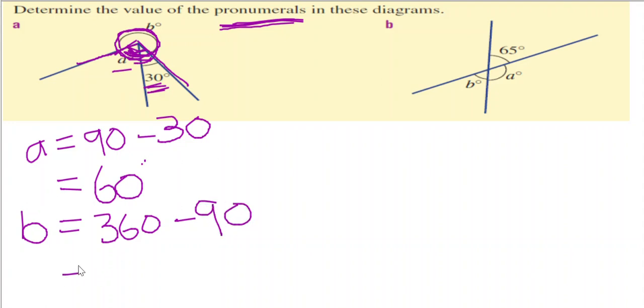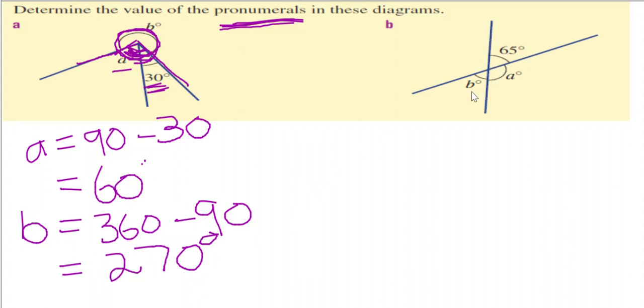So 360 minus 90 is 270 degrees. If I subtract 100 from 360, that gets us to 260, and I need to add 10 back on because I've done 90, not 100, so that's 270 degrees. So that's angle A and angle B. Angle B is 270 degrees.